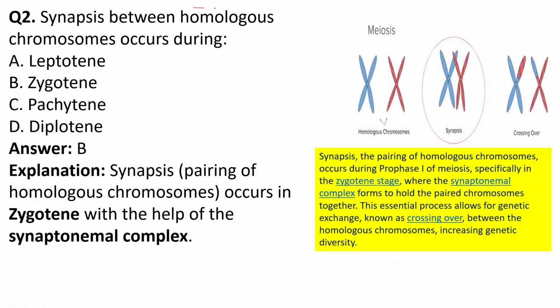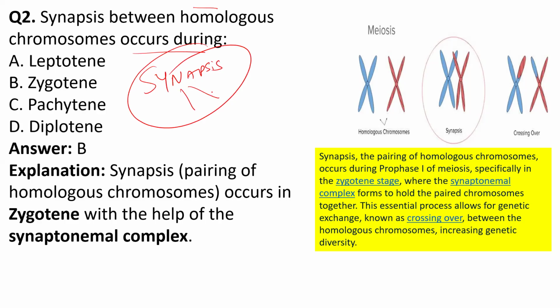Synapsis between homologous chromosomes occurs during zygotene. Synapsis means there is more love between the homologous chromosomes of both parents. The synaptonemal complex arises in zygotene, where they pair with each other.